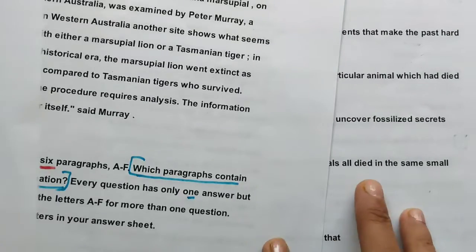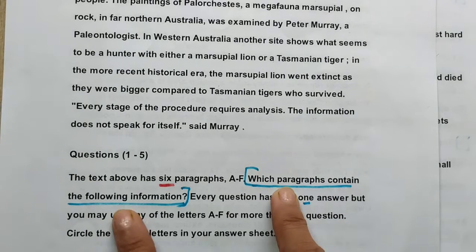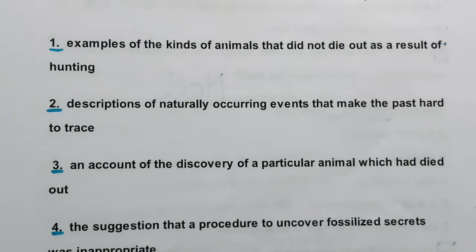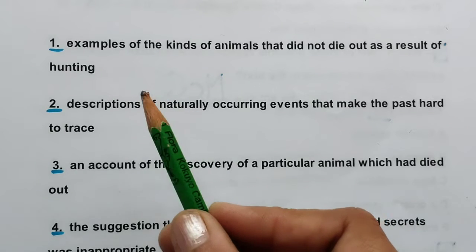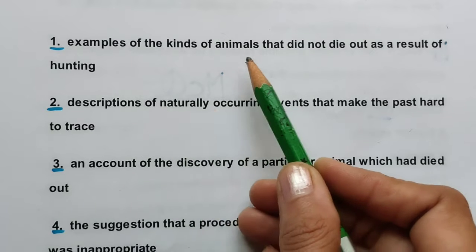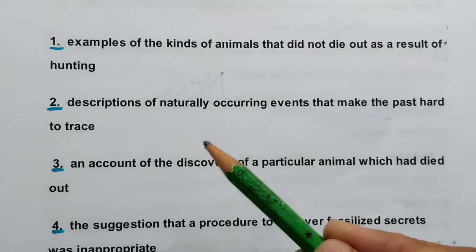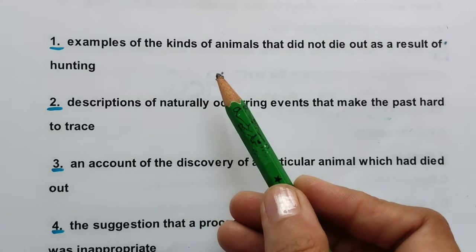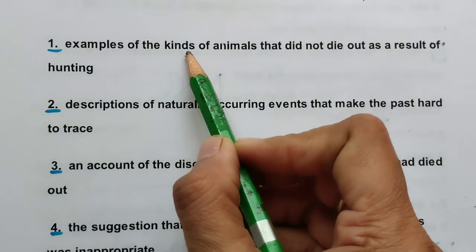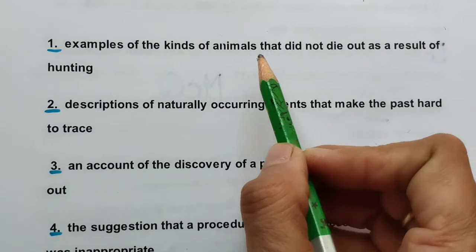Now let's start with the first type of question, which section contains the following information. It's important to read the question statement, the information, twice, so that we come to know the meaning and what they are going to talk about, and of course underline the keywords.